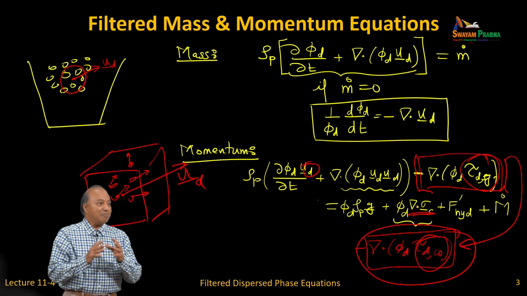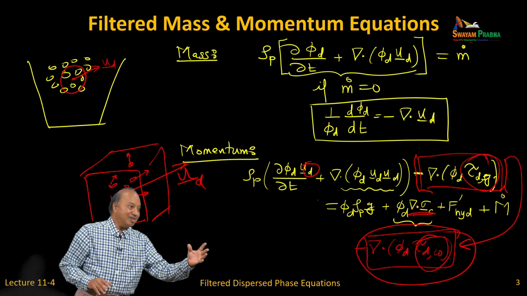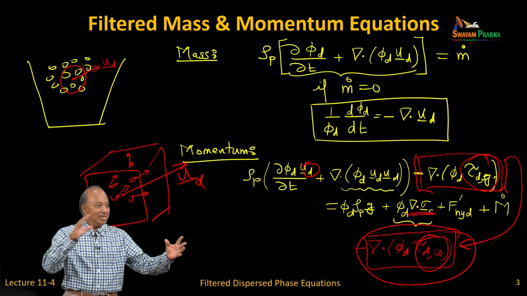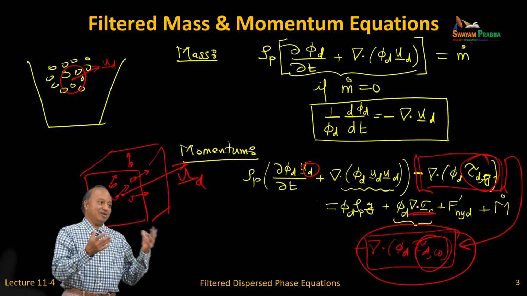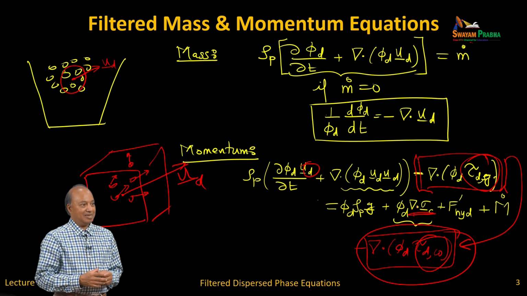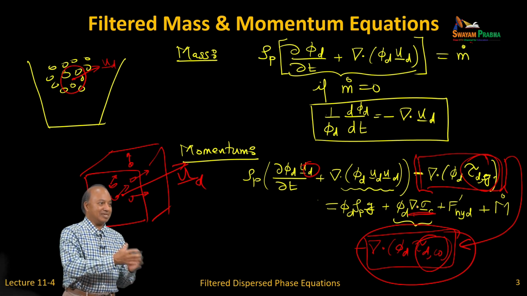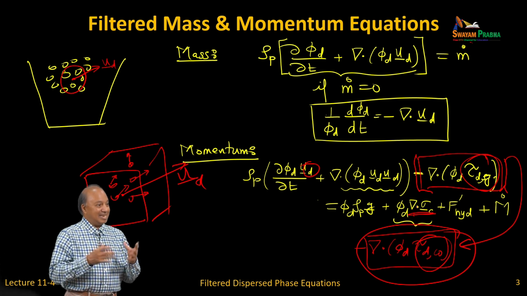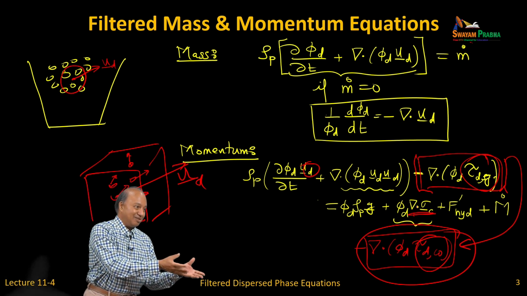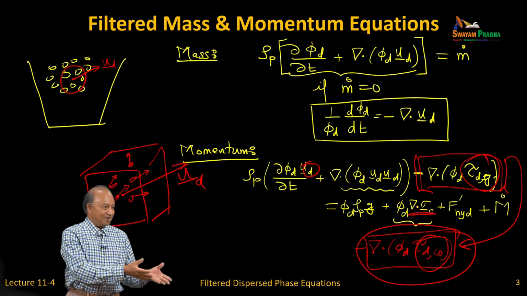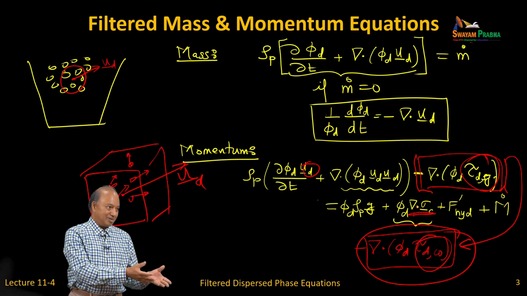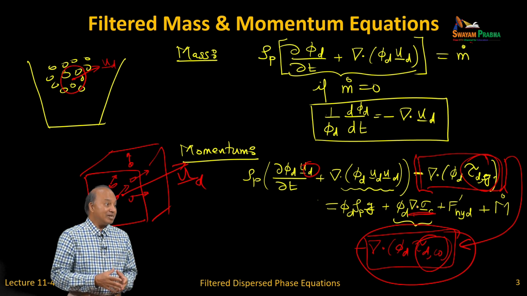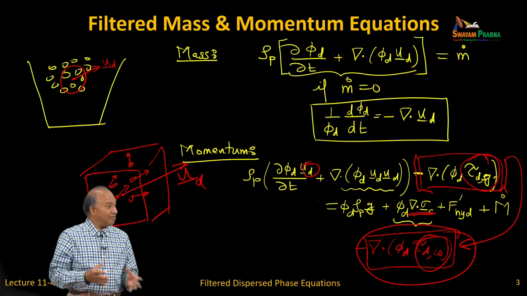That multiplied by phi c goes to the fluid, multiplied by phi d goes to the particle. So, if you have a cell with 10% particles and 90% fluid, there is viscous stress. 90% of it goes to accelerate the fluid and 10% of it goes to accelerate the particles. By the way, that is the undisturbed flow force.